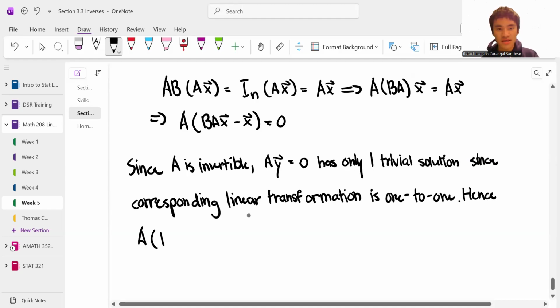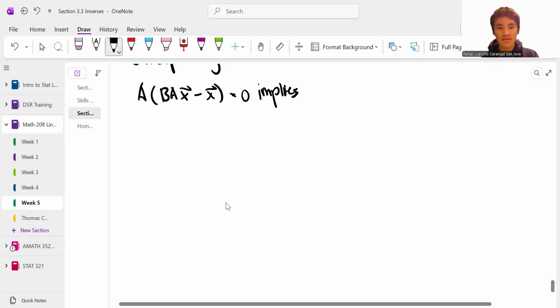we say that BAX minus X equals 0 implies the following. This BAX minus X is a 0.